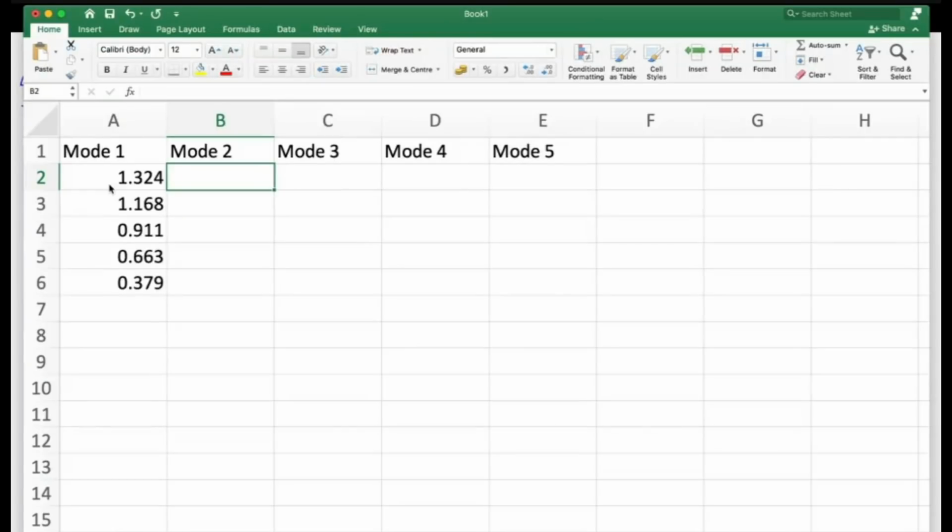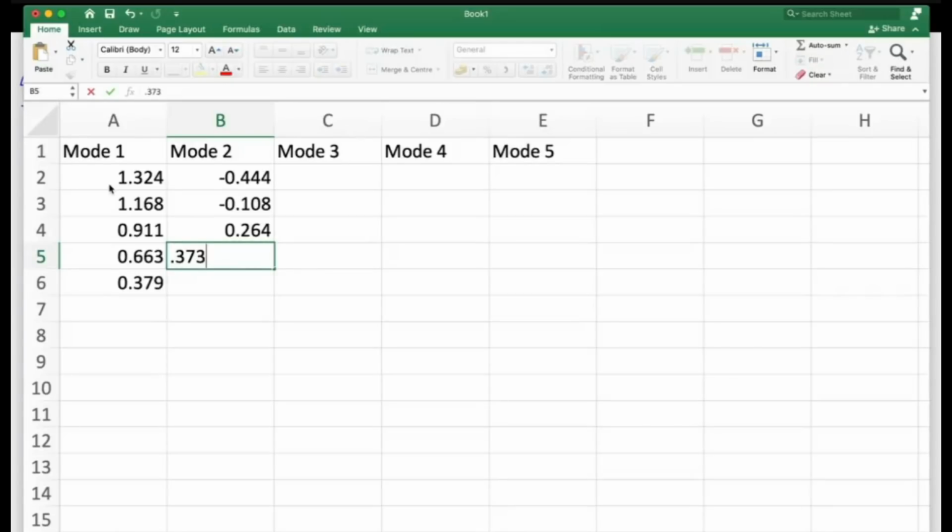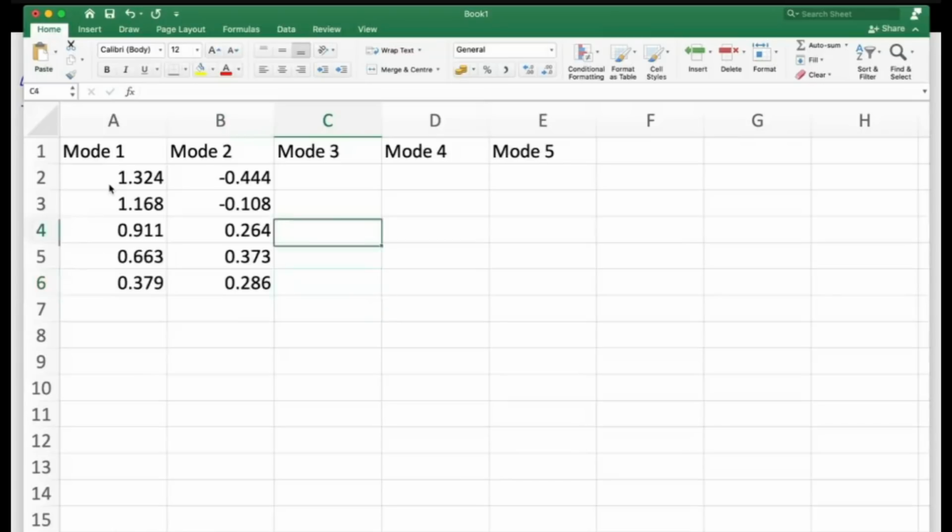Okay. Now for the second mode, this value is minus 0.444, minus 0.108, okay, 0.264, 0.373, and 0.286.